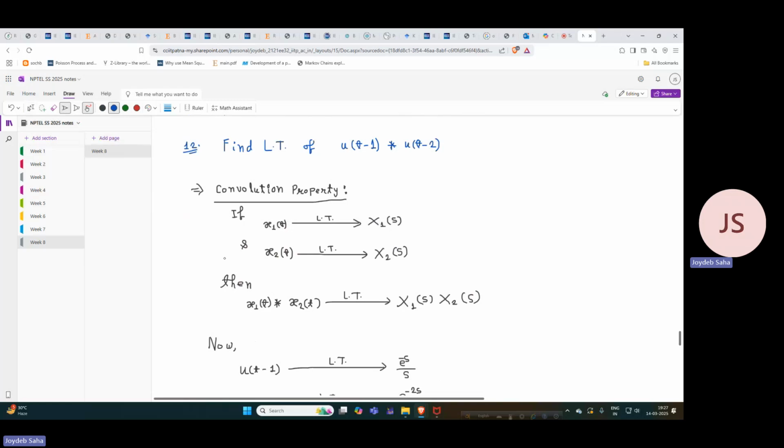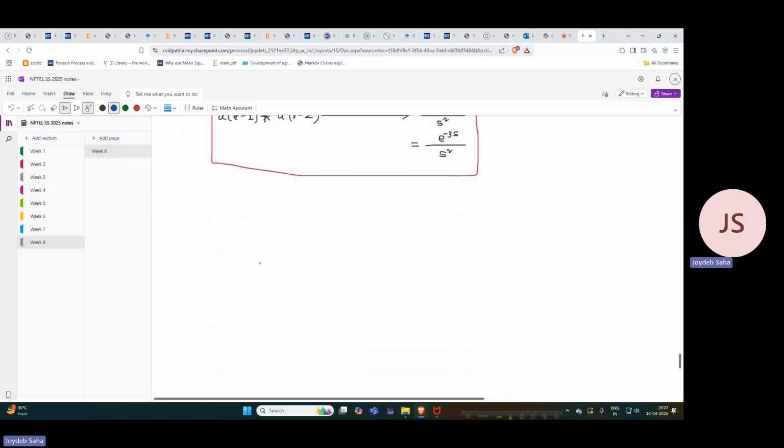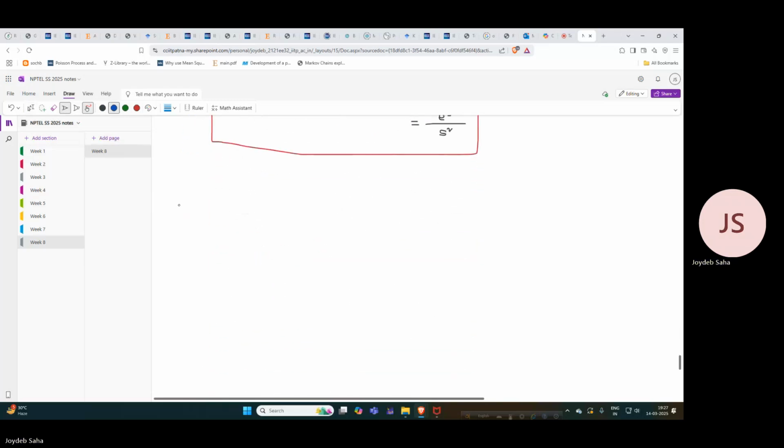Now we will solve some more problems. This was the properties and some problems associated with the properties. Question 13. I will provide one question and you people will try to solve this.